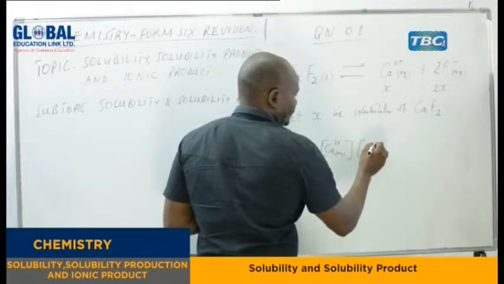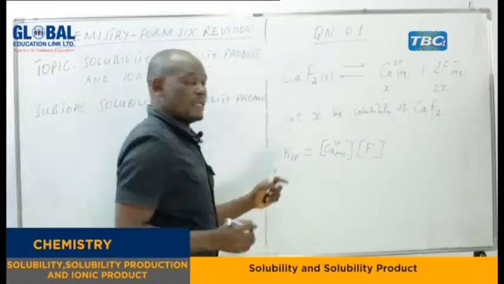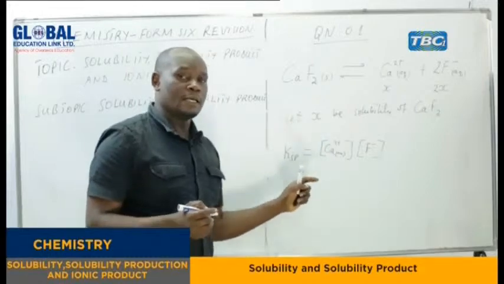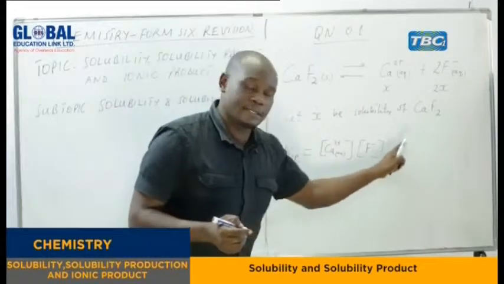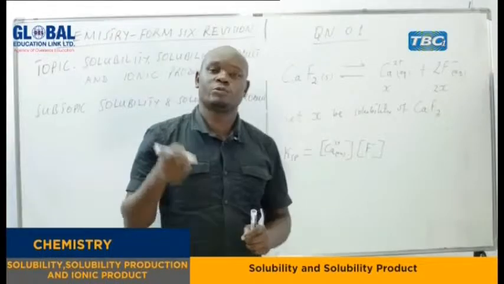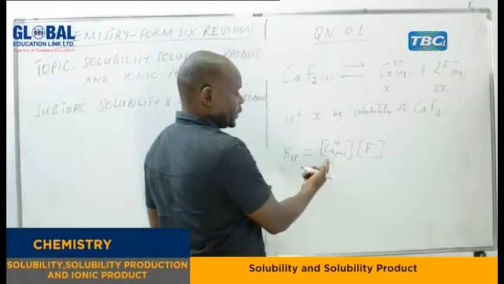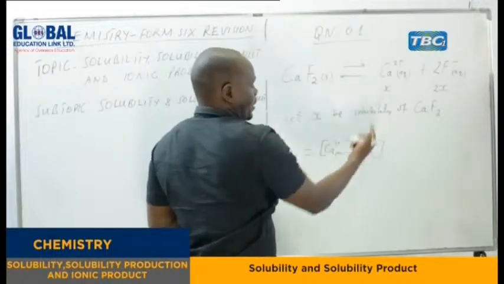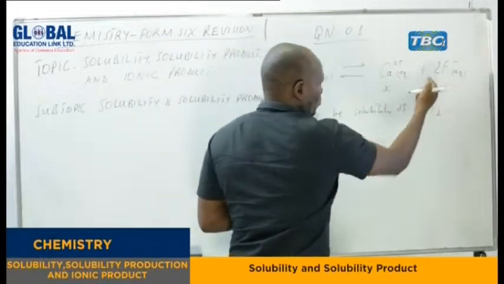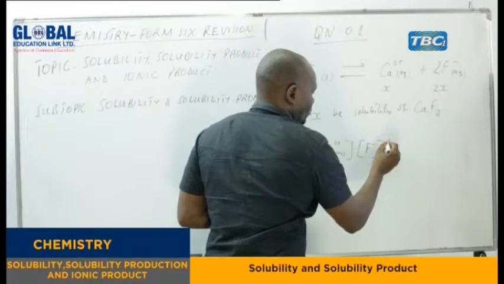But remember the solubility product states that each concentration must be raised to the power equal to its stoichiometric coefficient. The stoichiometric coefficient for calcium ions is 1, but for fluoride ions is 2, so here must be 2 there.